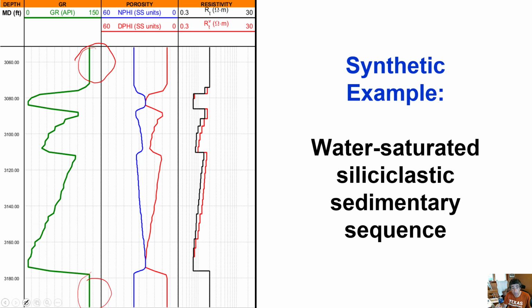And because of the values of gamma ray log that we have there, and also because of the values of neutron and density logs that we have there, and because of the values of resistivity at the top and at the bottom, we immediately recognize that the two shales at the top and at the bottom have equal properties.